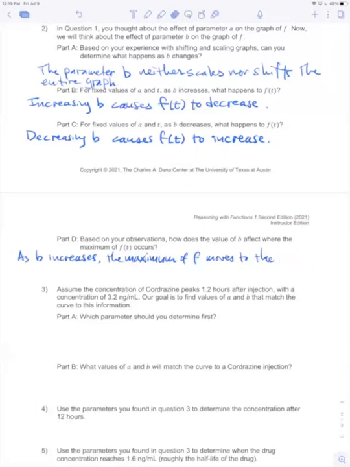Do over. That should say as B increases, the maximum of f moves to the left. Sorry about that. And as B decreases, the maximum of f moves right.